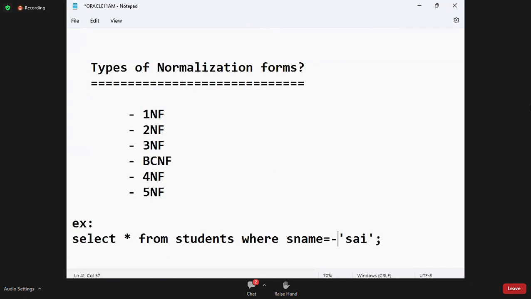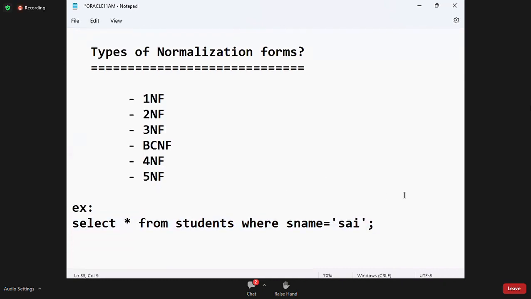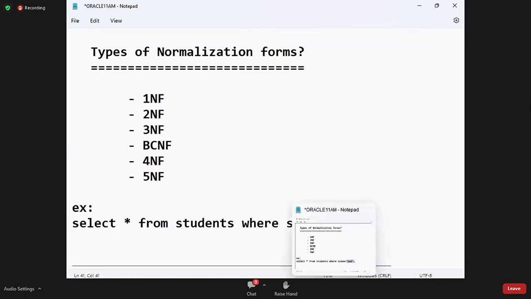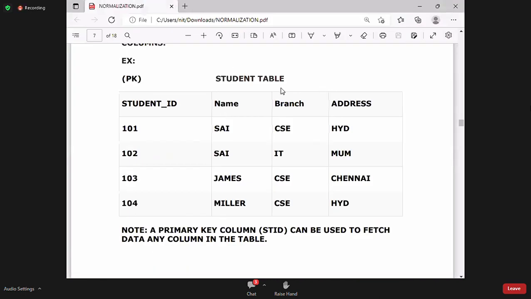If I enter this query, what will happen, guys? On the name of Sai, how many people are there? Every detail will come to you. Suppose I apply this query on my student table, how many Sais are there?